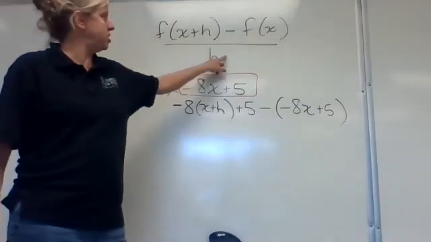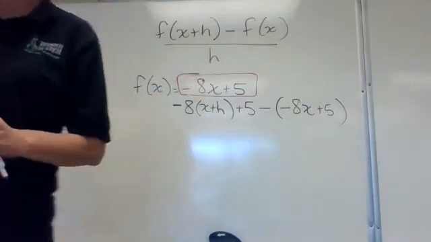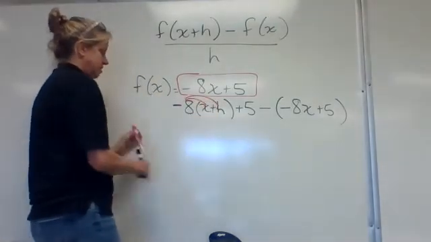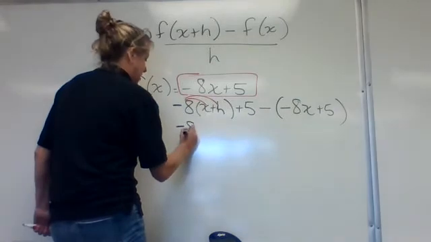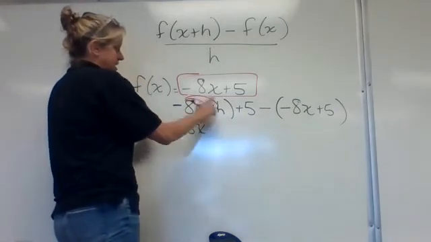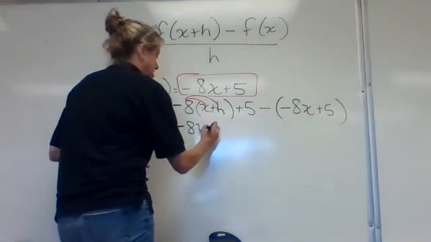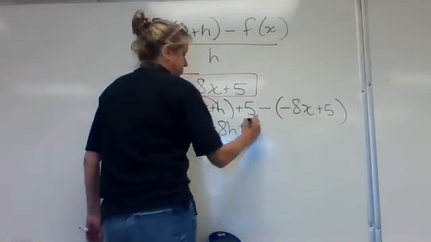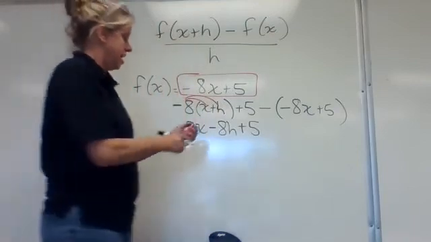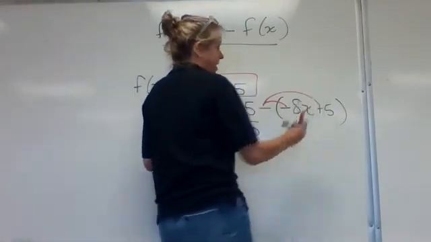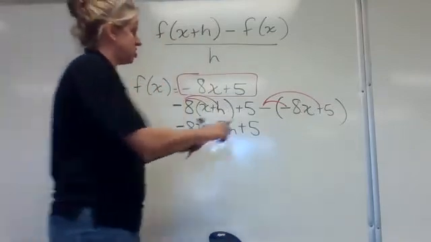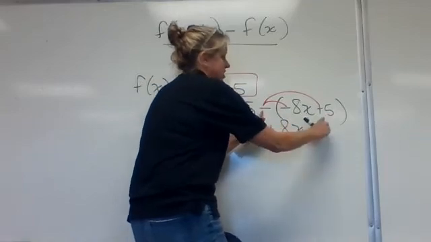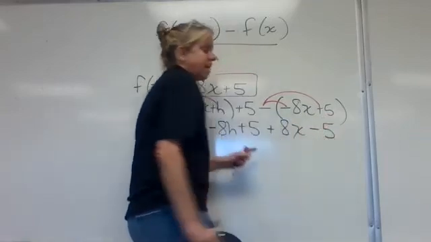Now, before we deal with the denominator, it's just an h. So I'm going to clean up this top first. I'm going to distribute this negative 8. So negative 8 times x gives me negative 8x. Negative 8 times h gives me negative 8h. Bring down my plus 5. Now, remember, when you distribute this negative to that last parentheses, it's just going to change these signs. It's going to turn that into a positive 8x, and it's going to turn this into a negative 5.